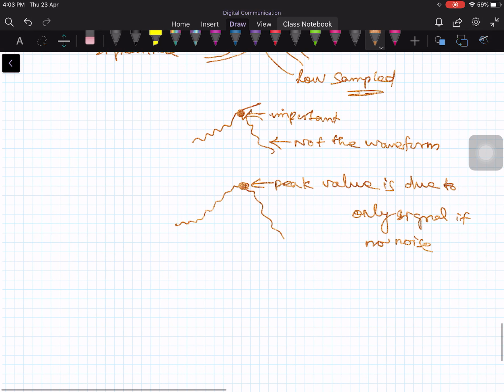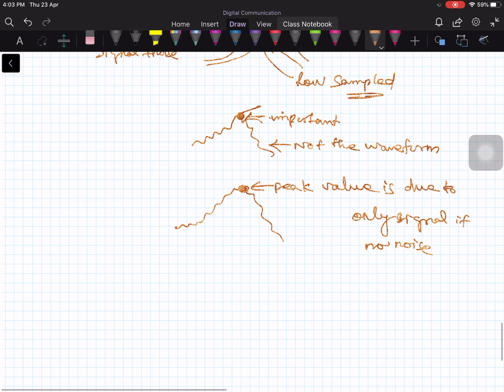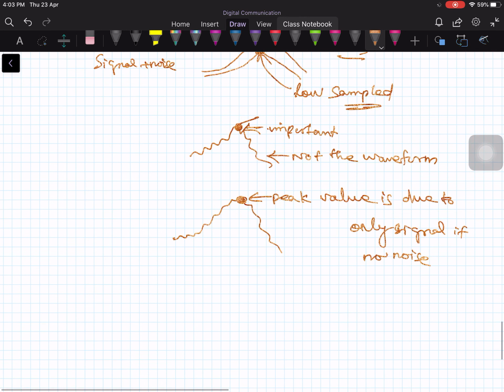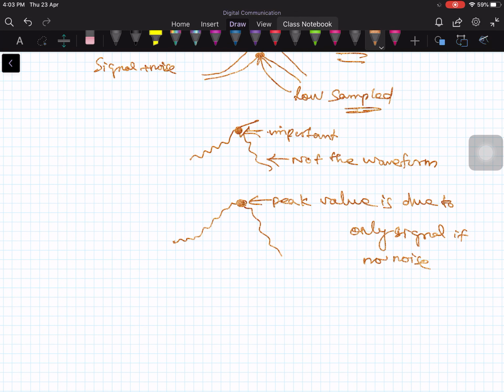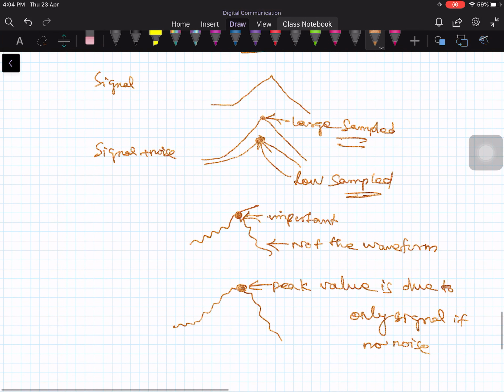If noise is there, then that will come and disturb the peak value. So the presence of noise would disturb the value that you would have seen if the signal alone had contributed. It might decrease it or it might increase it. This is the increased value and this is the decreased value.